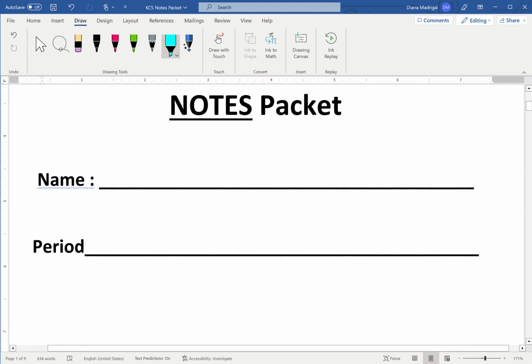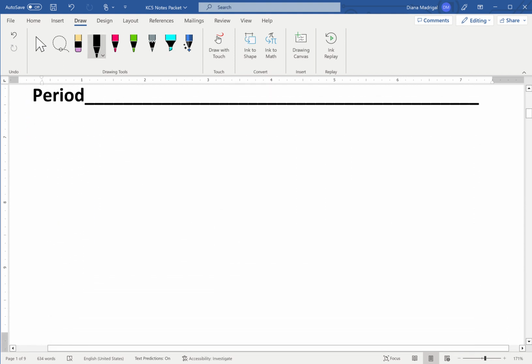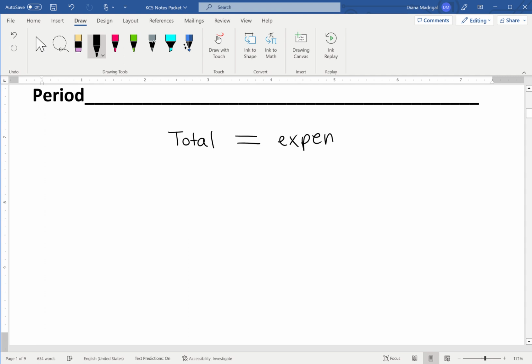Also, for target A, we are going to be writing the systems of equations. To write a system of equations, you need to understand that on one side of the equation is the total and the other side is the expenses. We're going to be using variables. Variables represent the unknown.